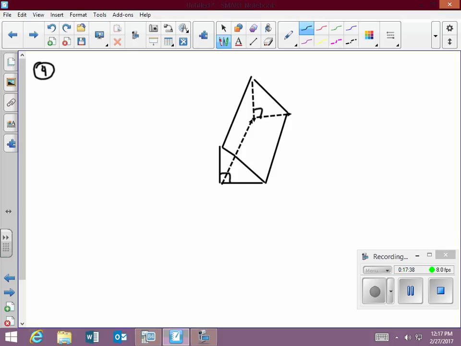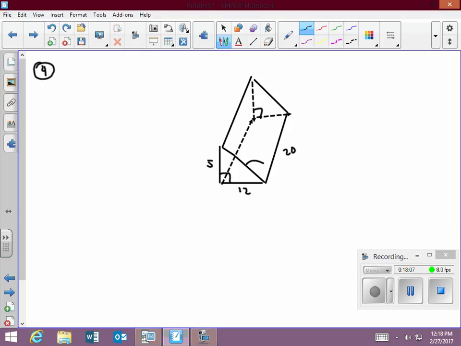And so the right triangle is the base. It says the legs are 5 centimeters and 12. So it isn't quite in perspective, but this would be 5 and this would be 12. And then the height, this is 20 along there.